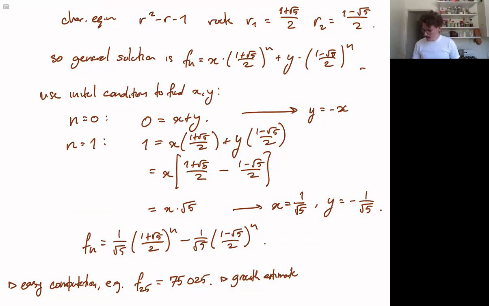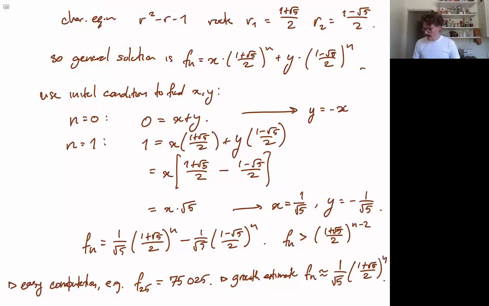What we said is that Fn is greater than (1 plus root 5 over 2) to the n minus 2. And this proved that they grow exponentially. But now we can actually say that Fn is approximately equal to 1 over root 5 times (1 plus root 5 over 2) to the n.